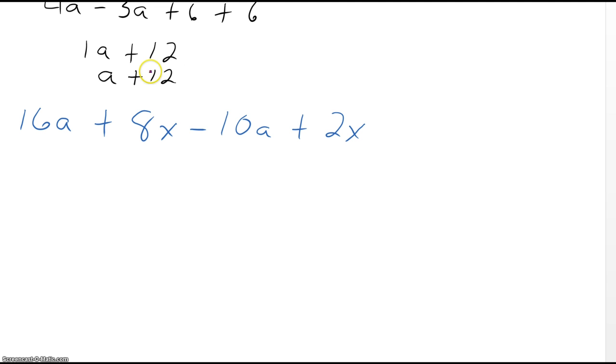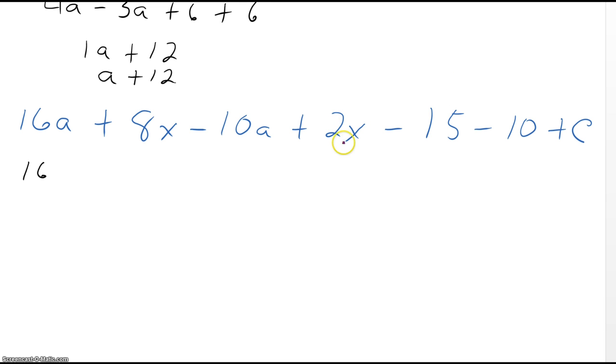Now this time I have an 8x and a 4x on the same side of the equal sign. So I'm actually going to combine those like terms together first. So 8x plus 4x will give me 12x plus 12 equals 10x minus 8.